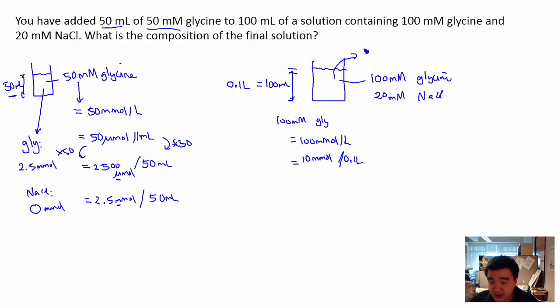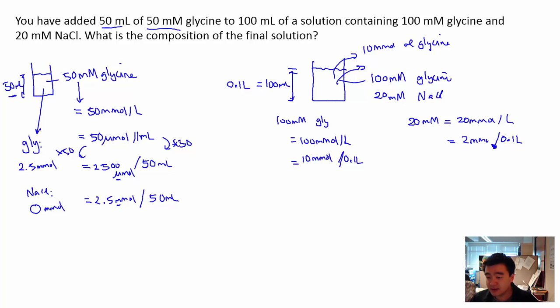For sodium chloride, 20 millimolar is equal to 20 millimoles per liter, which means in 0.1 liters there are 2 millimoles. So there's 10 millimoles of glycine and 2 millimoles of sodium chloride.